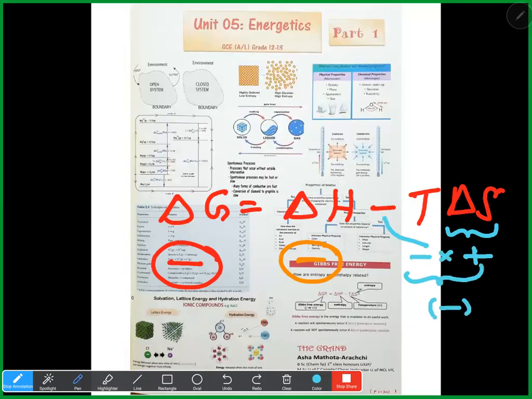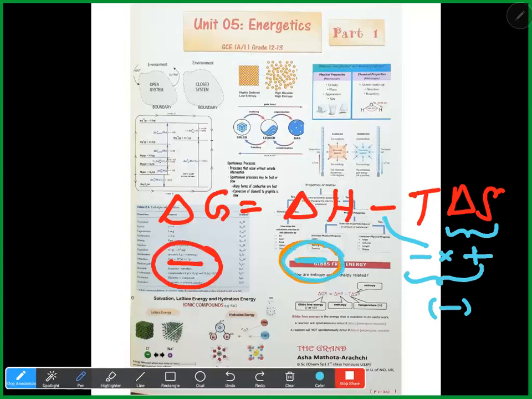If both are favourable, the possibility of delta G becoming negative is greater, so spontaneity is high. So systems having negative enthalpy and positive entropy are more suitable for spontaneous reactions.